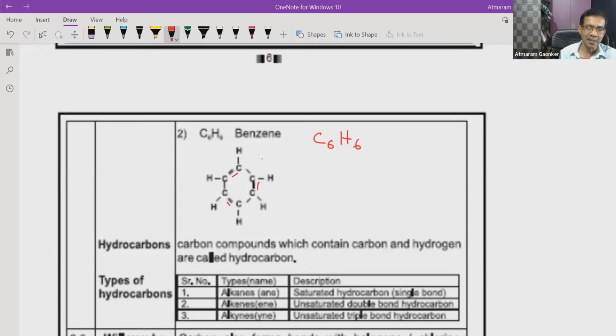So benzene, because double bonds are there, it is ENE, that is alkene. So that is why it is ENE at the last, because double bonds are there.